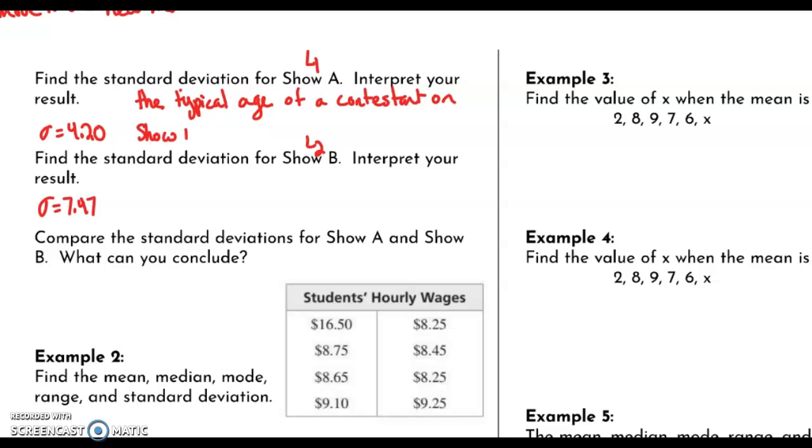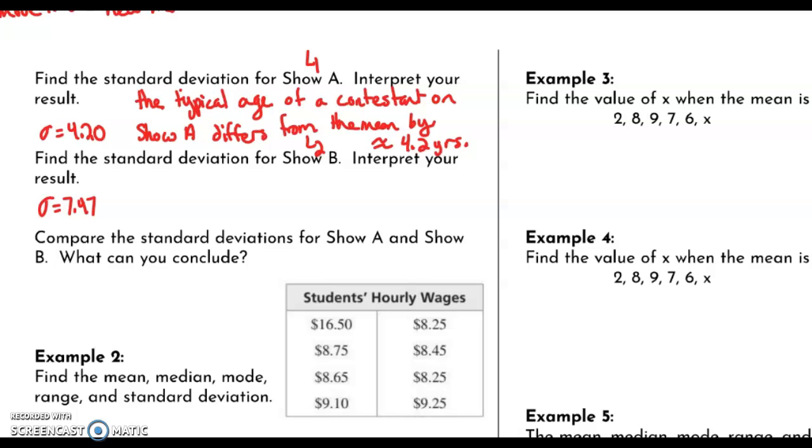We already knew there were ages of contestants on show A. So the typical age differs, meaning up or down, from the mean by approximately, those little squiggly equals mean approximately, 4.2 years. So that means most contestants are either within 4.2 years above or below the mean. So most of them, not all of them, most of them.